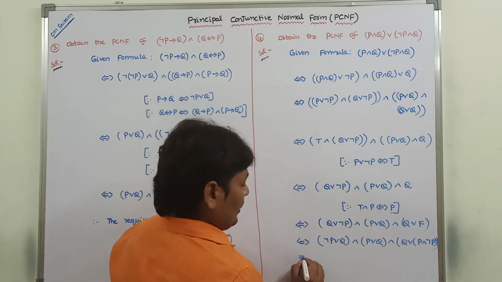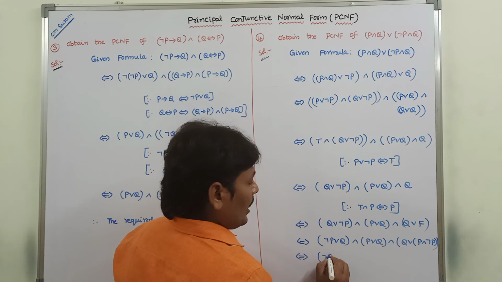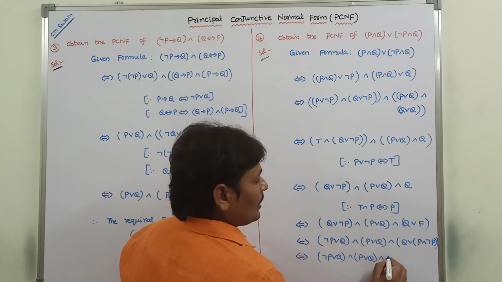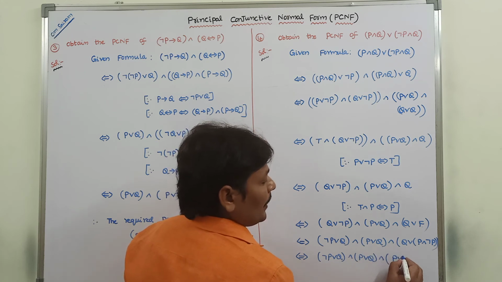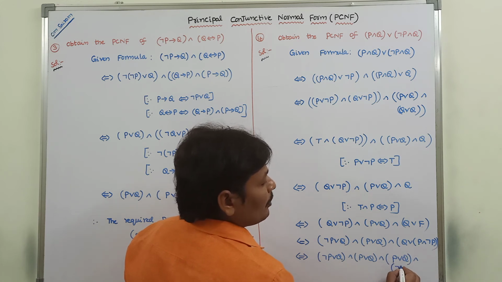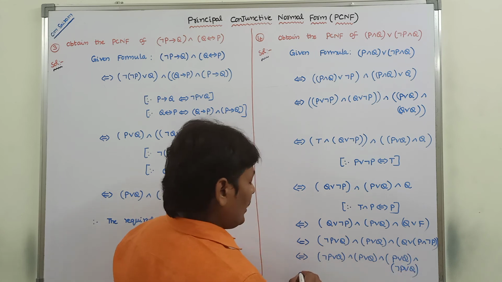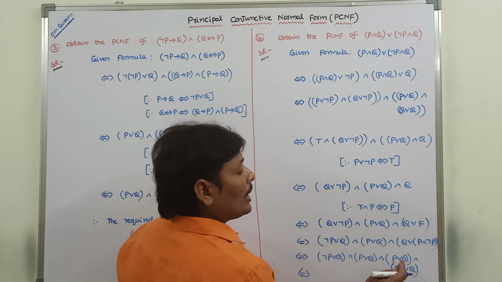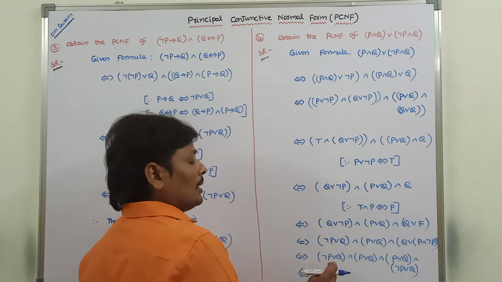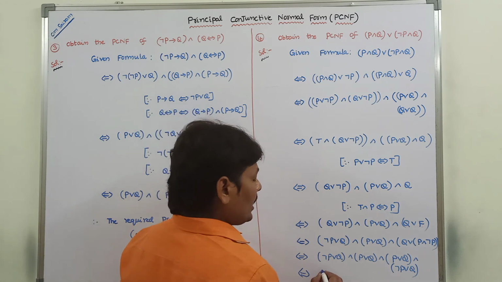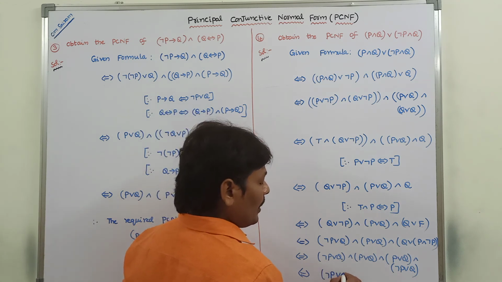Next line: negation P or Q, and here P or Q, and here P or Q, here negation P or Q. What we are getting here: negation P or Q, negation P or Q, P or Q, P or Q. So this term is repeated two times, this term is repeated two times, so I am writing them only once: negation P or Q and P or Q.